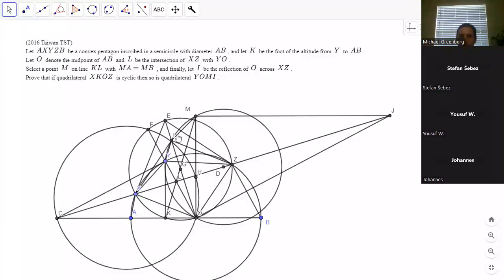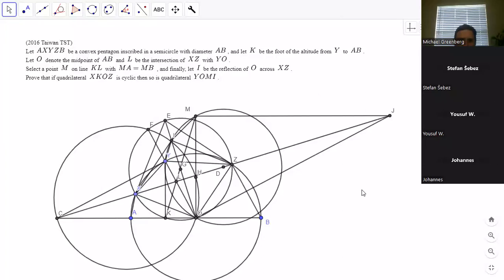So we just need to show that DL equals DM. But L is not on the circle, so DL doesn't equal DM. Oh, DY actually, yeah, DY.